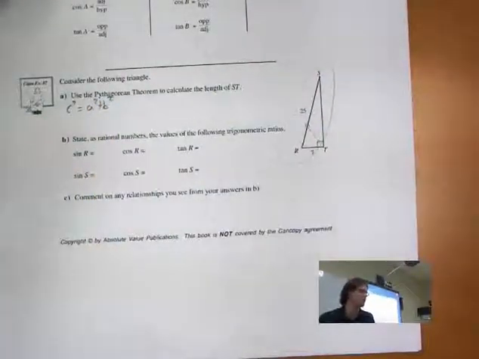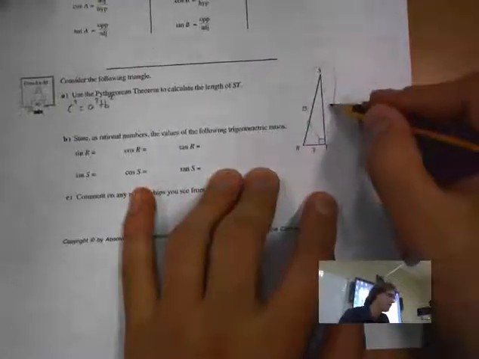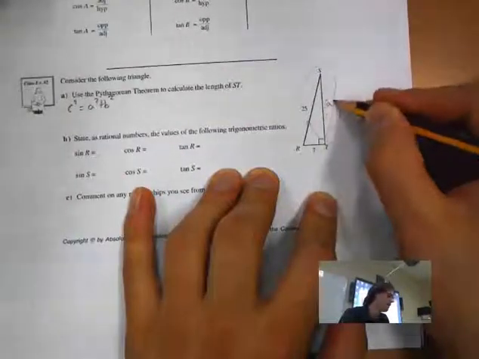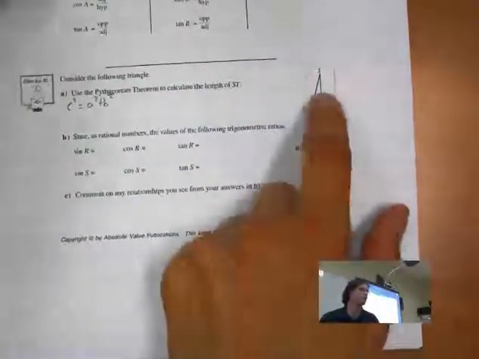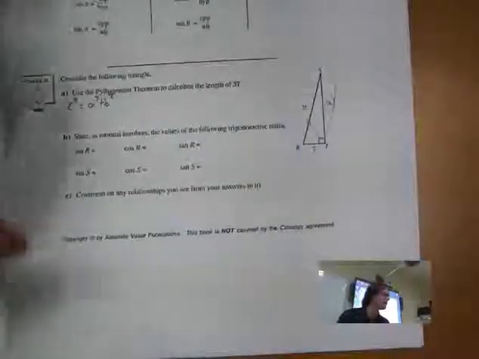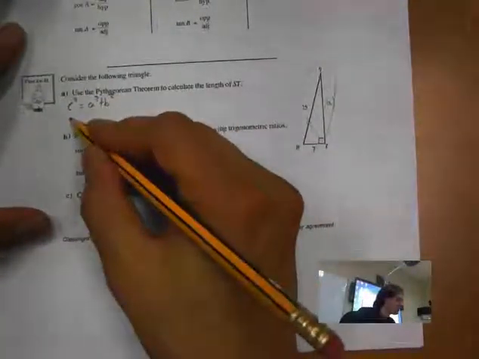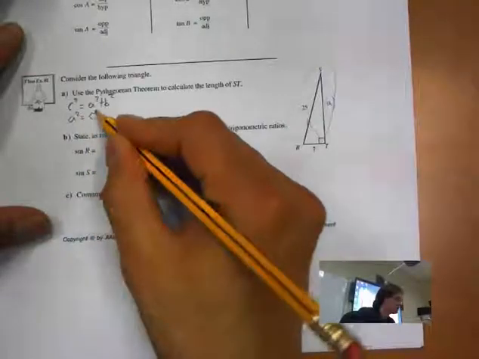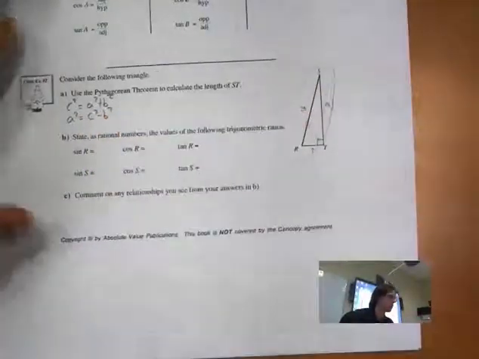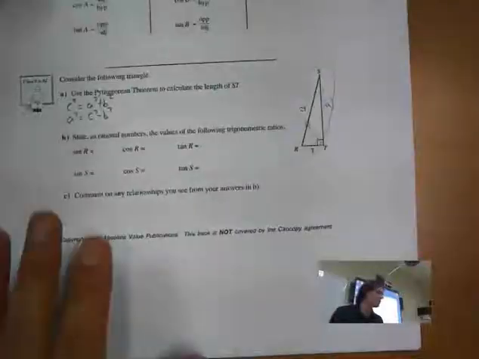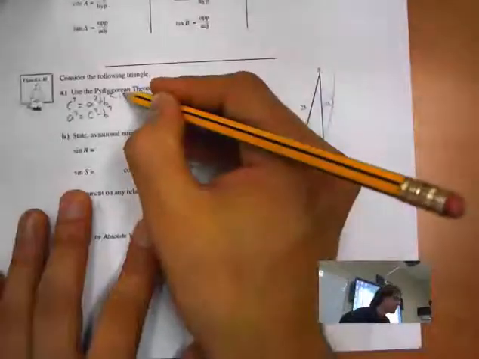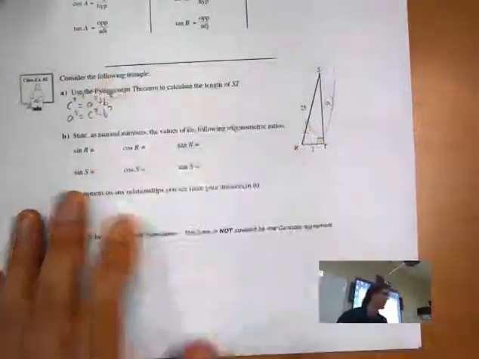But here, what is known? We'll call this side a, because we don't know this side. It's one of the legs. So then a squared is equal to c squared minus b squared. All we have to do is subtract b squared from both sides, and that's how we get that.